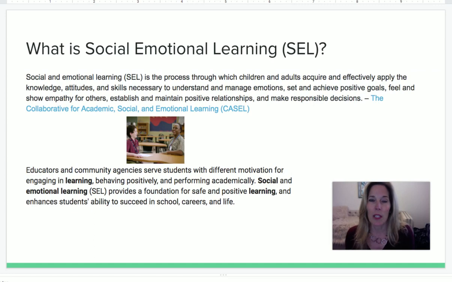And in order for us to learn, our social and emotional self has to be developed, and also has to continue to develop throughout our learning environment. If we don't have good connections with the human beings around us, and we don't have connectivity with others, we are not going to be in a safe space to learn.